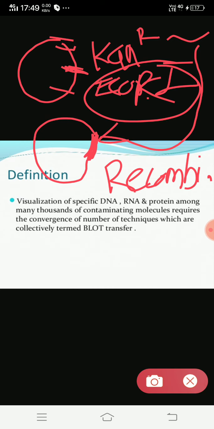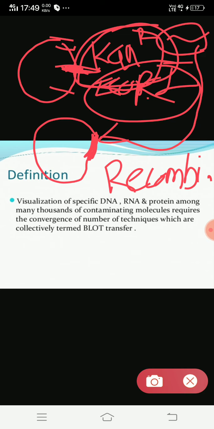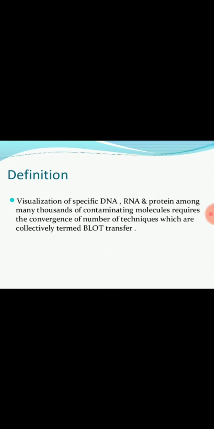Why recombinant? Because here there is no insertion and no disruption of the kanamycin resistant gene. But in this case, the EcoR1 restriction enzyme identifies the EcoR1 restriction site in between the kanamycin resistant gene and cuts over here, and the insulin gene comes and ligates over here, so it becomes a recombinant vector.